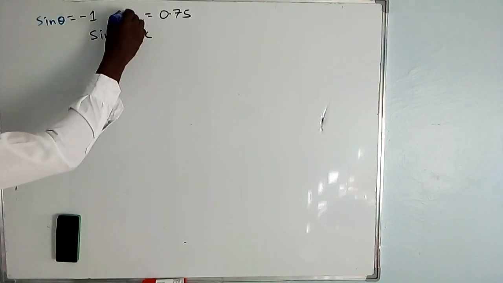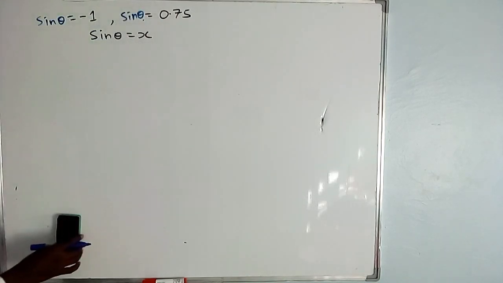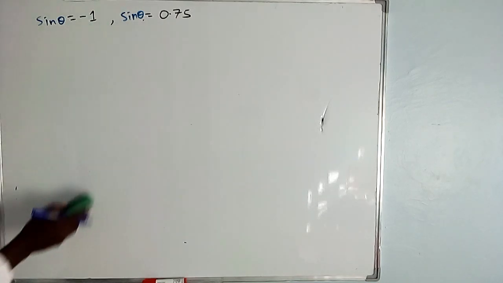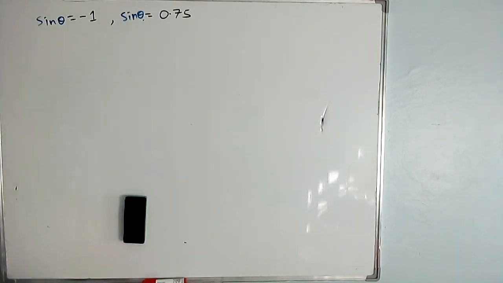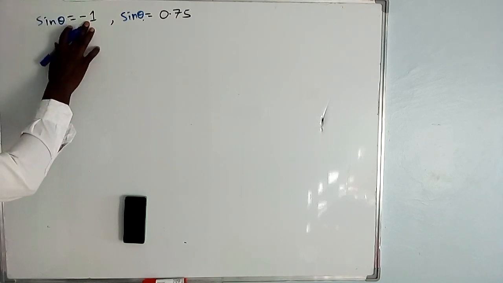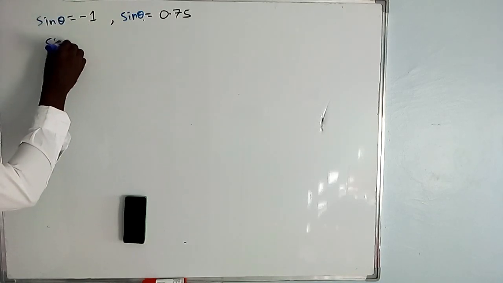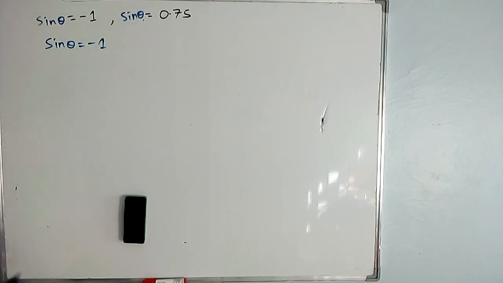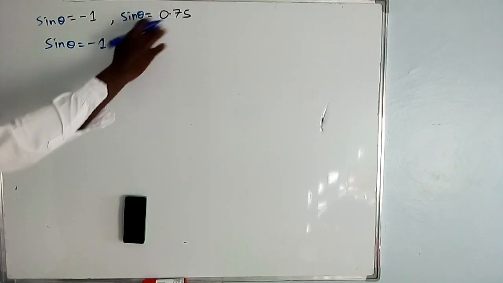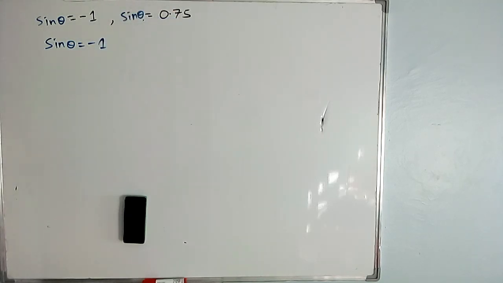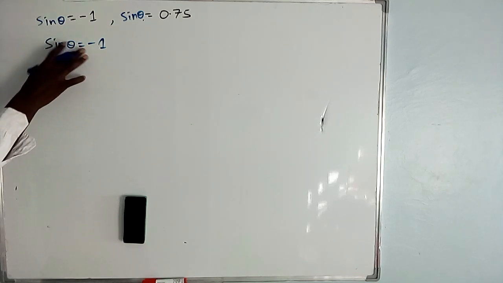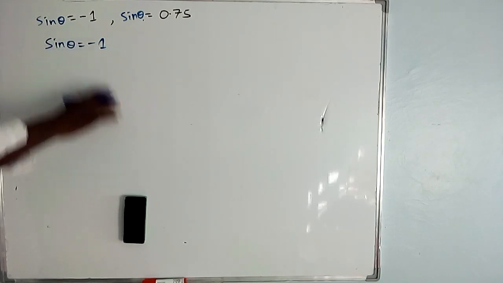So we have sine theta is equal to negative 1, or sine theta is equal to 0.75. So we start with the first one to get the values of sine theta, isn't it?